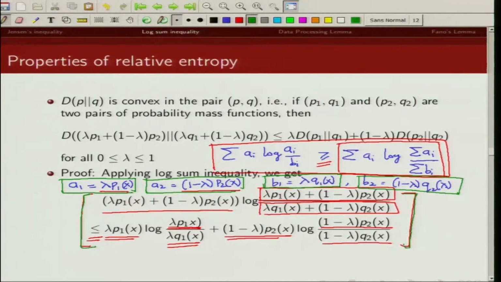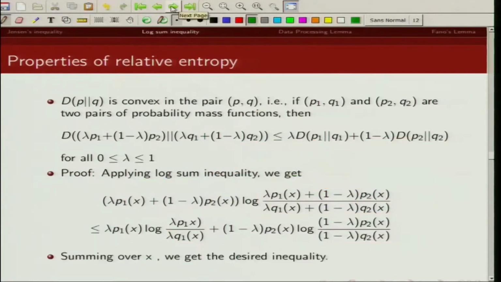Now what is the next step I do? I sum it over all x. So what do I get here? You can think of a new probability which is lambda p1 x plus 1 minus lambda p2 x, and there is another new probability lambda q1 x plus 1 minus lambda q2 x.